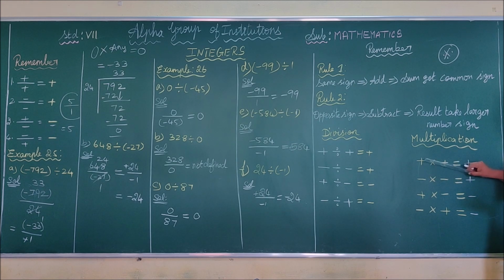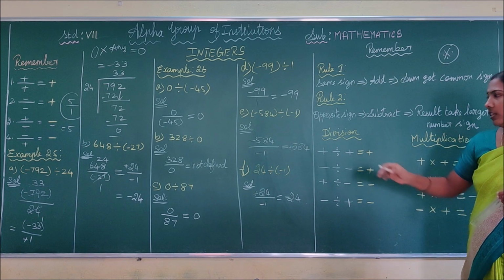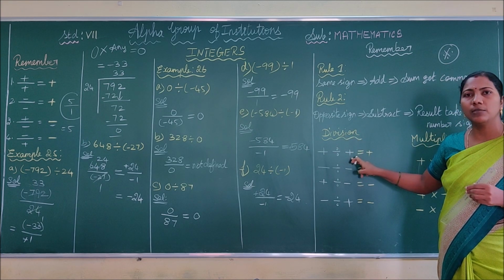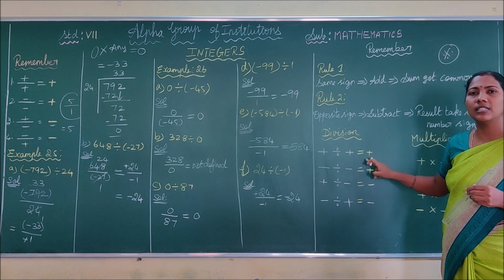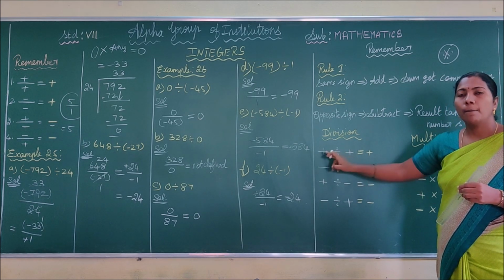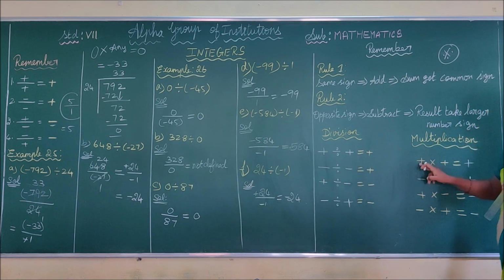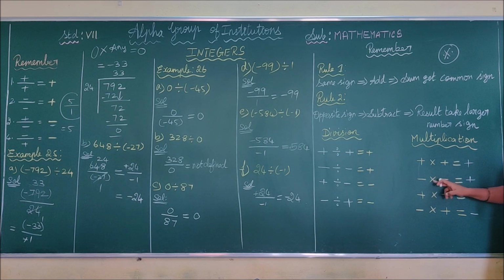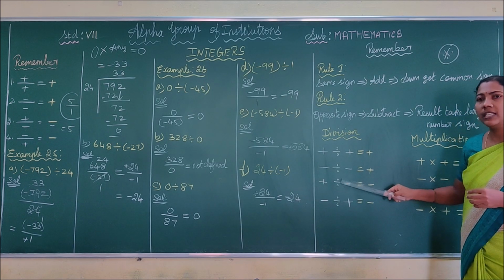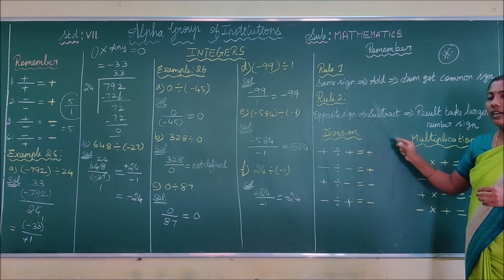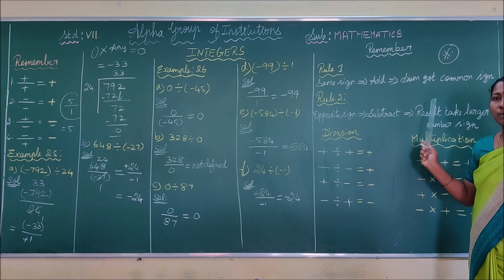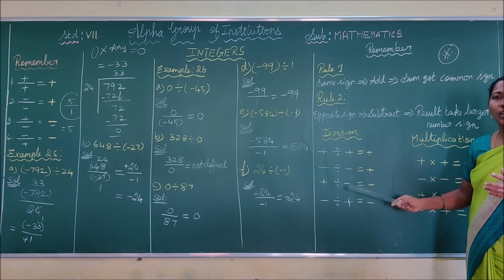So by seeing these 4 formulas, what do you conclude? In the process of division and multiplication, if you are dealing with two integers having the same symbol, the result takes the plus symbol. Minus by minus plus, plus by plus plus. Plus into plus plus, minus into minus plus. It's clear children? See the next one. Plus divided by minus, that is the symbols are varying. In addition and subtraction, if the given integers have opposite signs, the result takes the symbol of the larger number. But here that formula we can't apply.